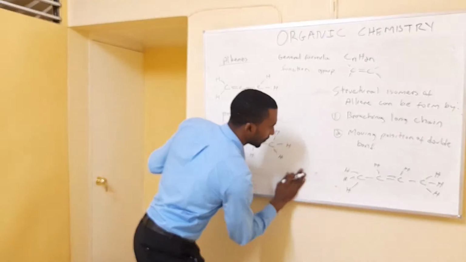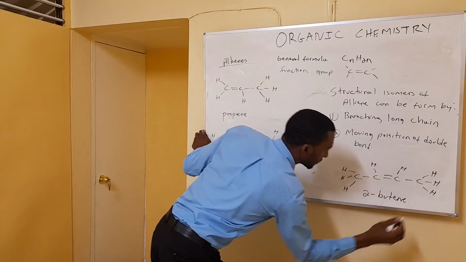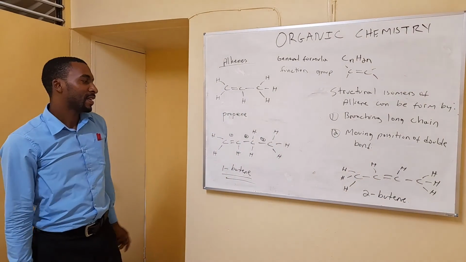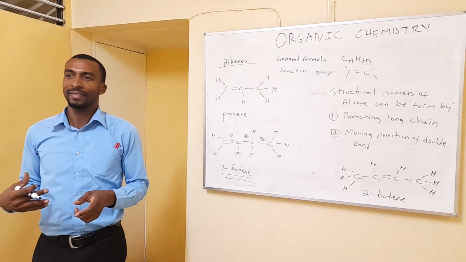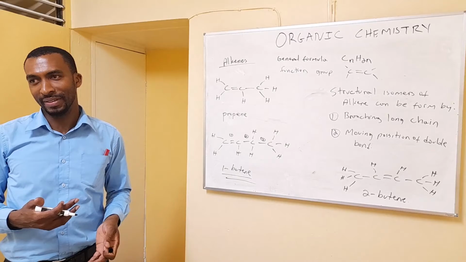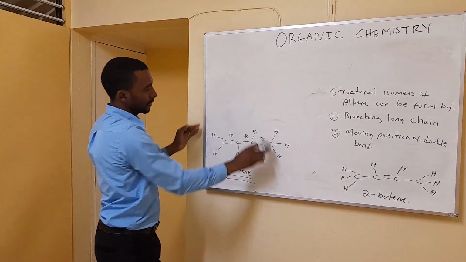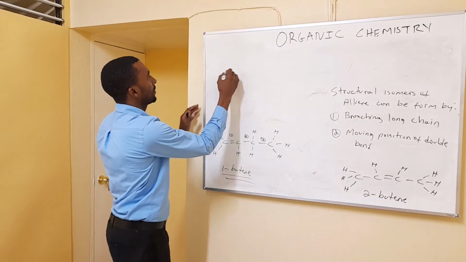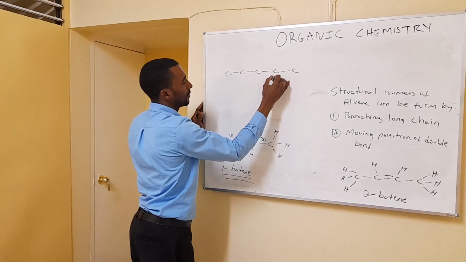So this is 2-butene. In addition to this concept, we can go back and mix it with the branched molecules to name it. And then also now use a complex one.